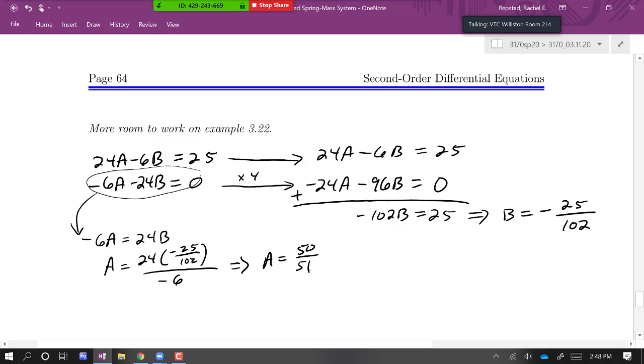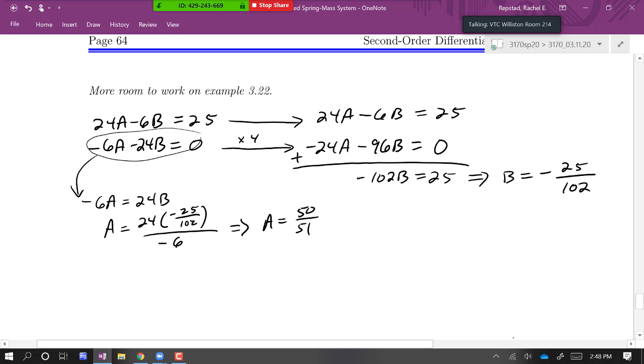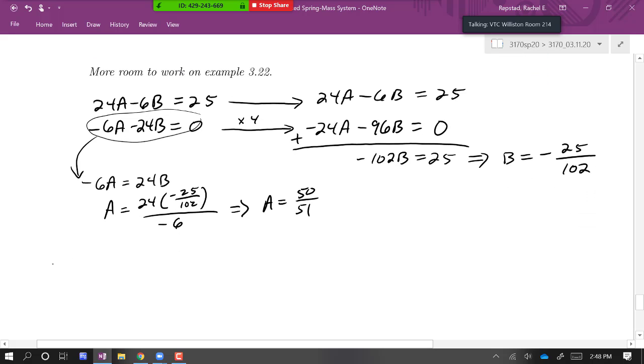Okay, we've got those coefficients, so that means we know our particular solution, or in this context, what we call the steady state solution.